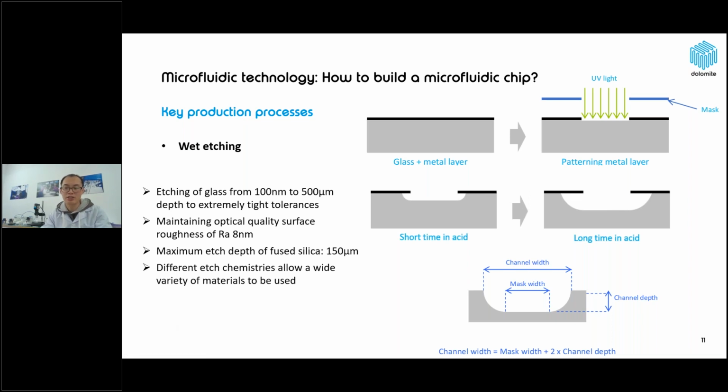The acid etches the glass in all directions, as you can see here, and the etched surface is very smooth, similar to a polished surface with smaller than 5 nanometer roughness. Next, the metal layer is removed, and the resulting geometry is shown below.